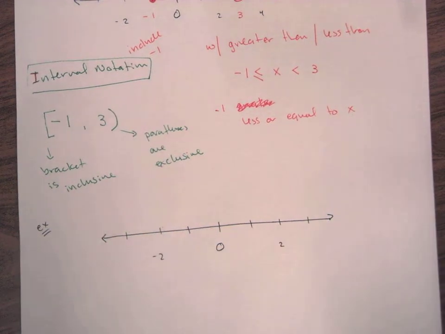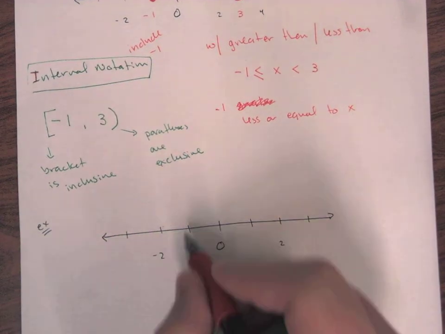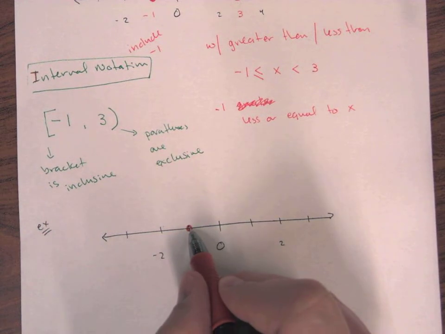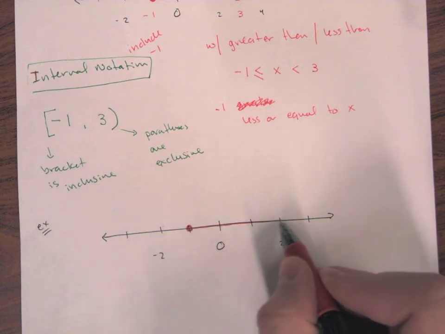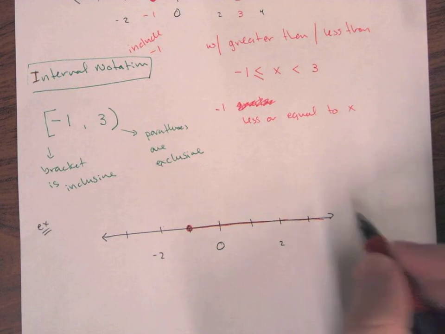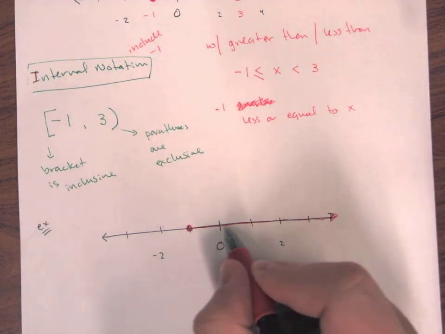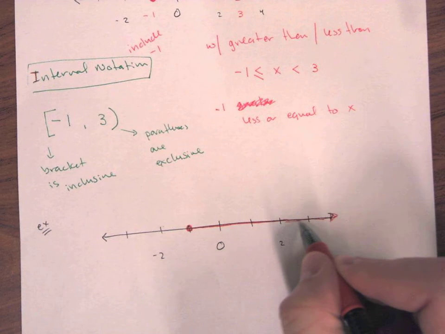So if I wanted to visualize it on the number line, let's start at -1 again. And then what we're going to do is go up and go all the way through these values, and then we're just going to keep going.